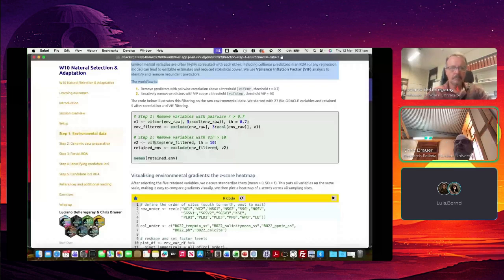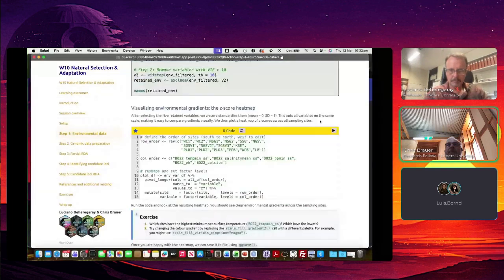It does this iteratively for each variable and figures out which are adding the most noise to your model, a way of prioritizing which ones you should keep in your final model. You can play with that with your own data.